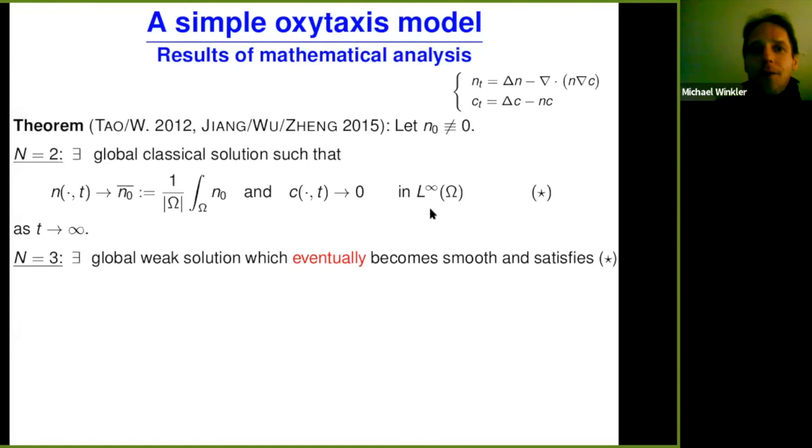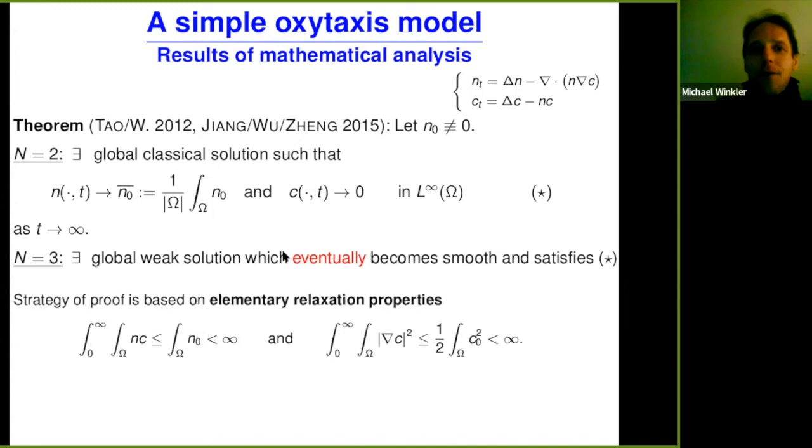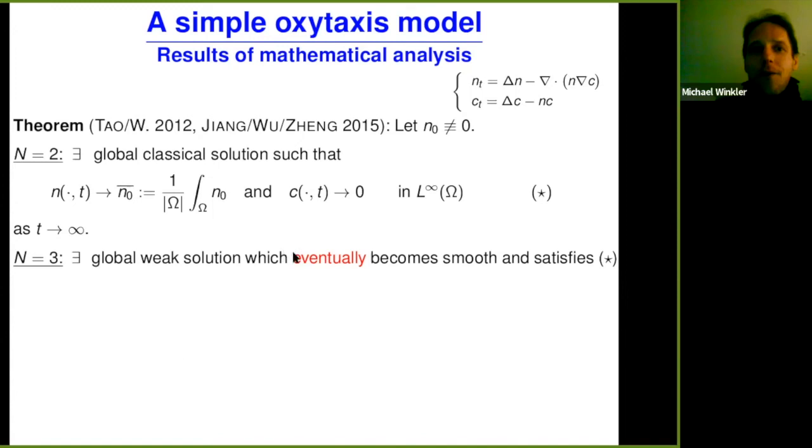In space dimension 3, there exists a global weak solution. It is not clear yet how regular this is, whether it may blow up or not. But what is clear is that at least eventually this becomes smooth and also converges to the steady state that we see here.